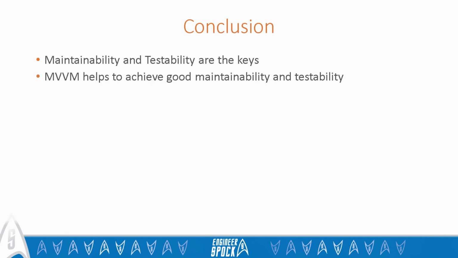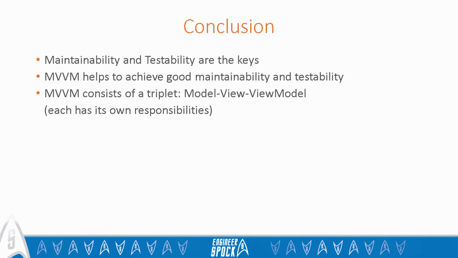After that, we talked about which problems can be solved by applying the MVVM pattern. Then we saw what MVVM is in essence, and which building blocks it is comprised of. We determined the responsibilities of those building blocks. In a separate lecture, we took a brief look at services and their role in the MVVM pattern.